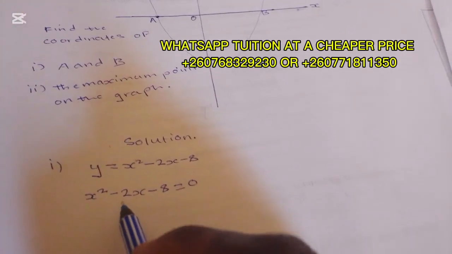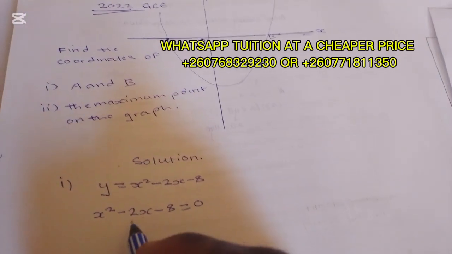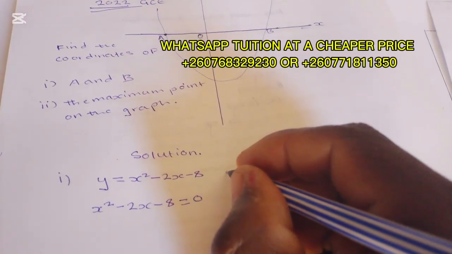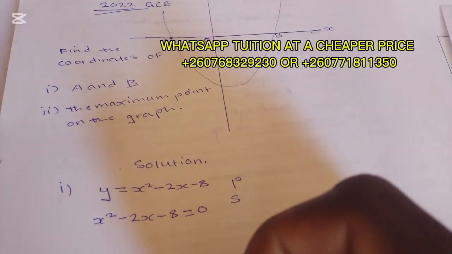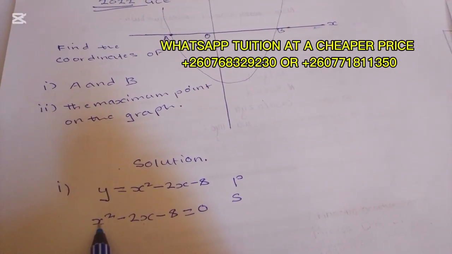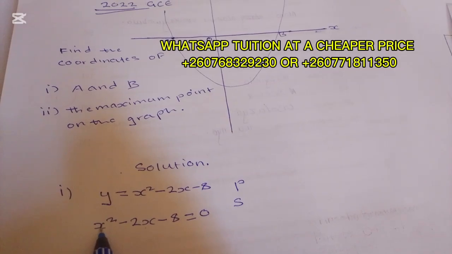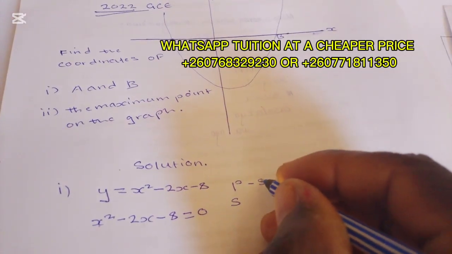Now, how can we solve this problem here? So we will use product and sum. What is the product here? The coefficient of x squared is 1, so 1 times negative 8, that's the product, negative 8.